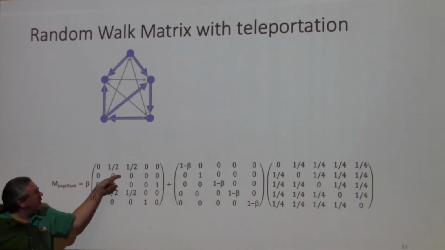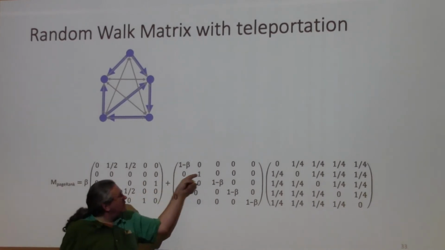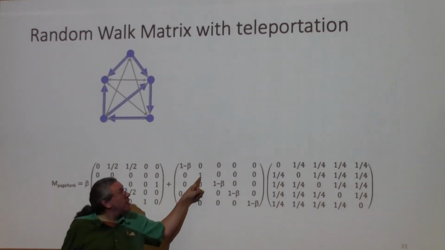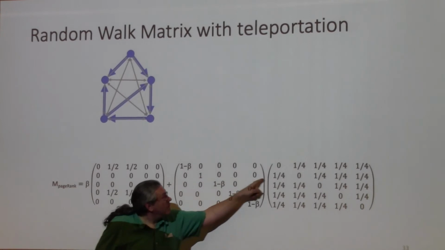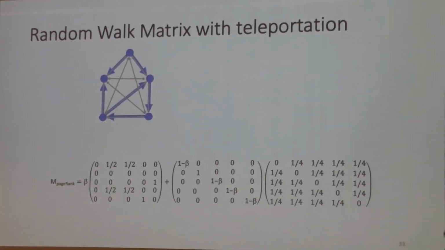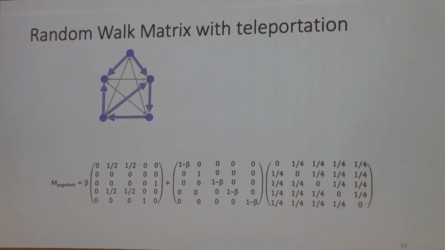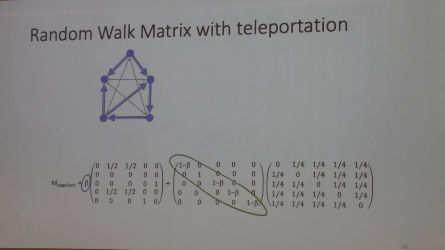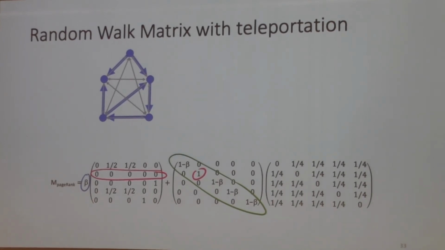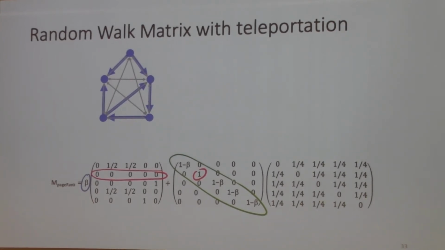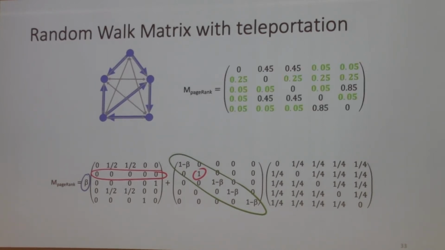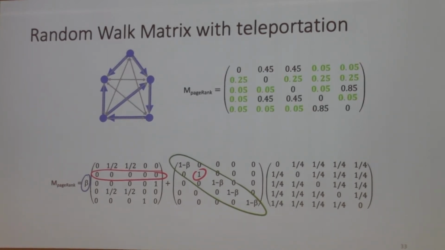So in case of a dead end, you have to put 1 here and not 1 minus beta to make the probabilities okay. So that is the PageRank matrix, with beta and 1 minus beta. You have to be careful about the dead ends. So that gives you a complete PageRank matrix.